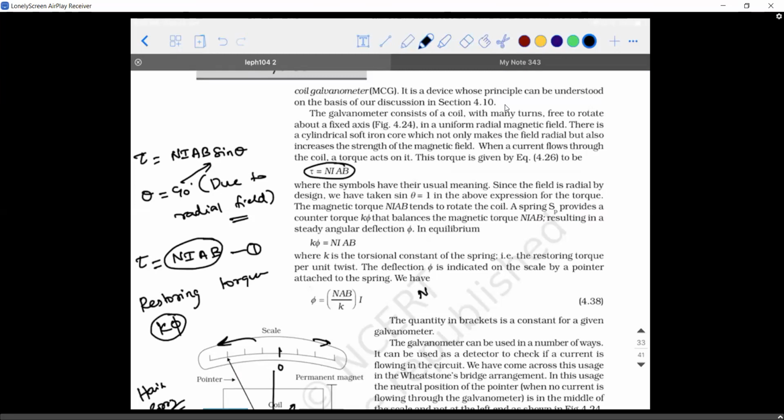Then if I write NIAB equal to K phi, I'll get phi is equal to NIAB divided by K, where that K is called the torsional constant. Okay, this value has to be remembered. So this is the amount of deflection the coil will start experiencing when current is passed through it.